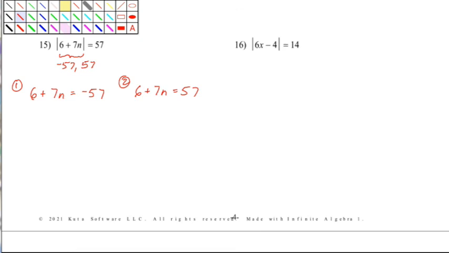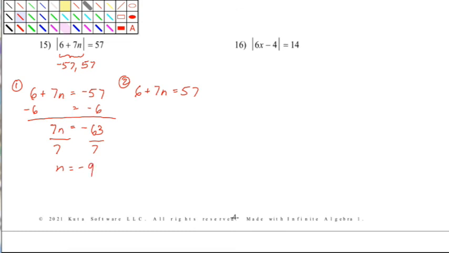I'm going to subtract 6 from both sides. And when I do that, I get 7n is equal to minus 63. I divide both sides by 7, and n is equal to minus 9 for this first equation.